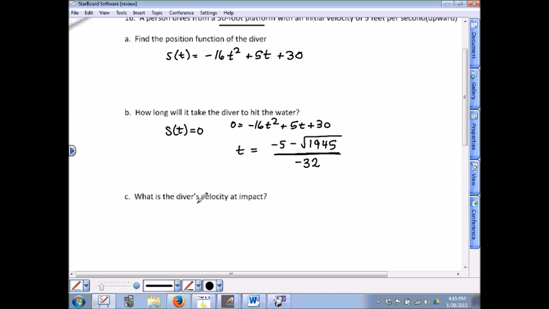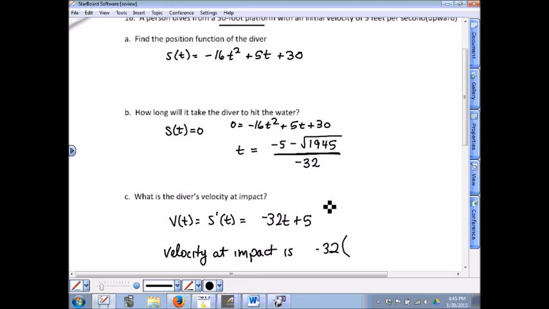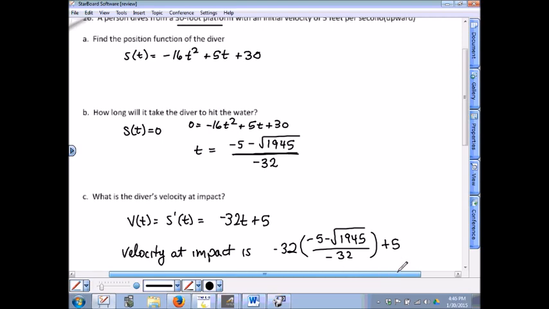Now, the diver's velocity at impact. The velocity function is the derivative of the position function. So that's going to be negative 32t plus 5. So the velocity at impact is negative 32 multiplied by this value of time right here, plus 5.